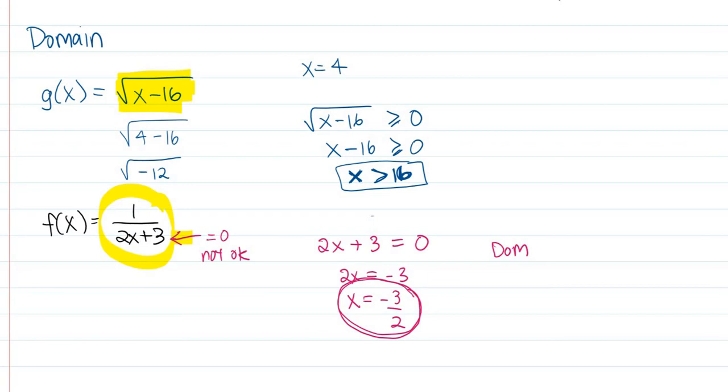So we can say the domain is all real numbers except x cannot equal negative 3 halves. In the previous example, we said the domain is all real numbers such that x is greater than 16.